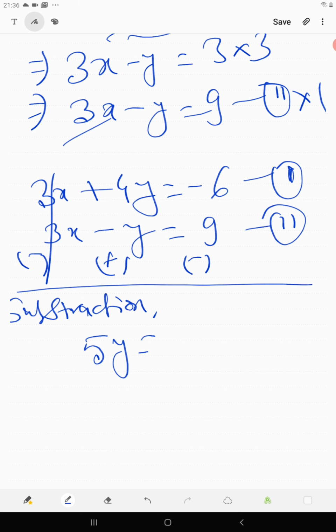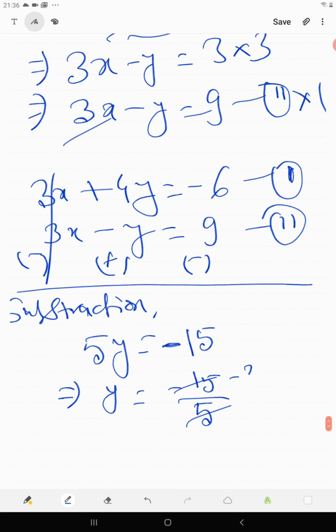Both are of the same sign, minus, so the resultant sign will be minus and it will be addition. So 6 plus 9 is 15. So 5y equals minus 15. So y equals minus 15 by 5. So 15 by 5 is 3, and it gave me minus 3. So y equals minus 3.